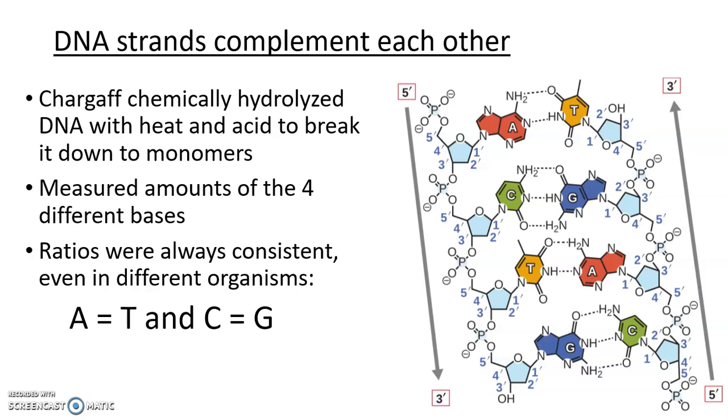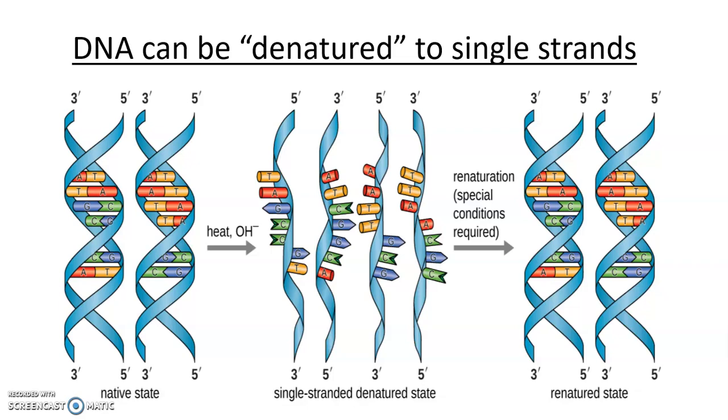The other thing that is really interesting is that we can take DNA and denature it and separate the 2 strands that are out there. So in this little figure, we can see your DNA in its normal native state with the double-stranded DNA molecules that are held together by the hydrogen bonds between these complementary bases.